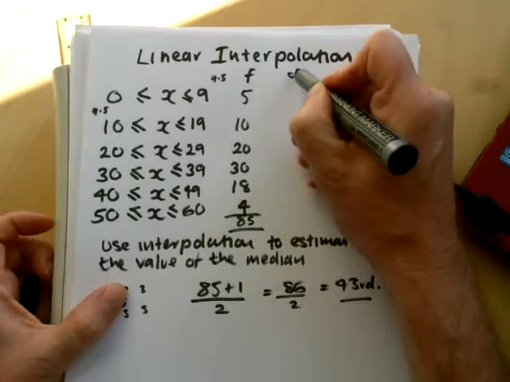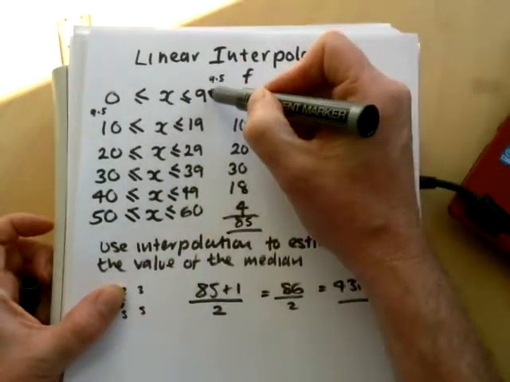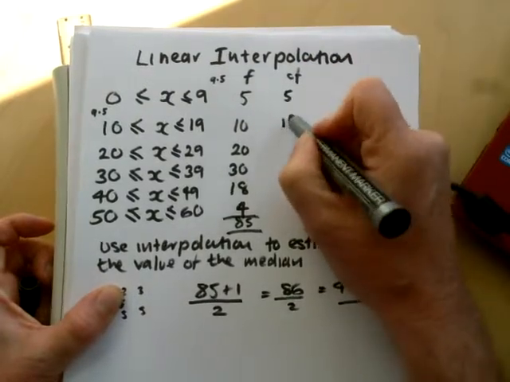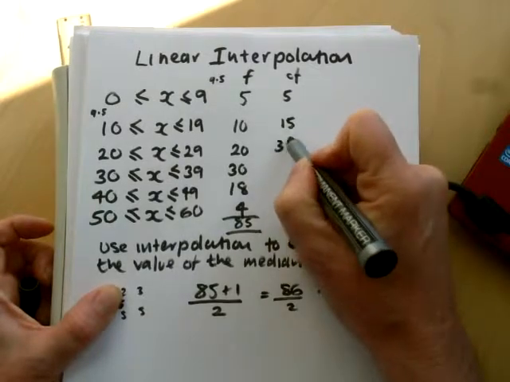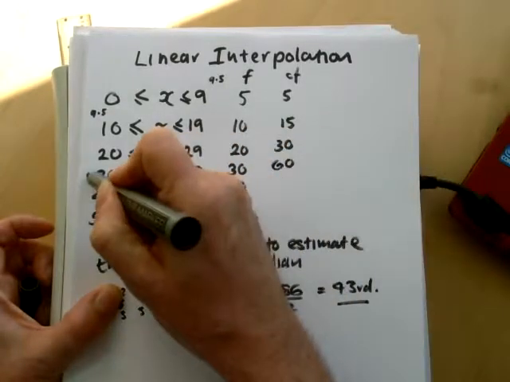If we do cumulative frequency, this will help. Cumulative frequency is up to and including the last value. So it's 5 in the first, then 5 plus 10, which is 15, and then 15 plus 20, which is 35, and 35 and 30 is 65. Just look carefully at this.